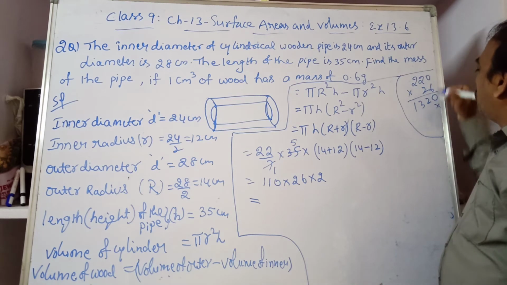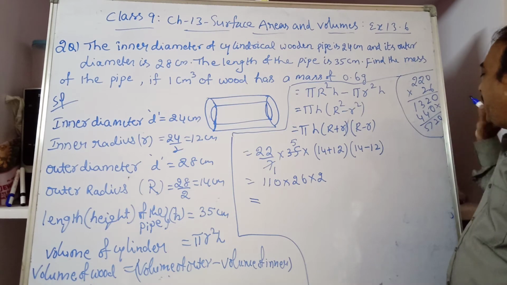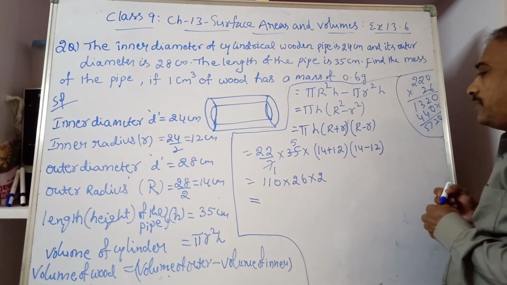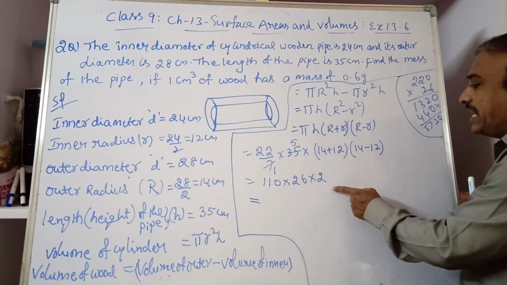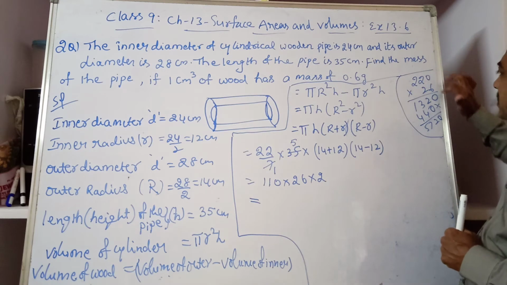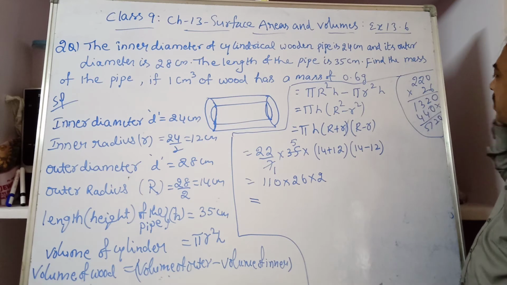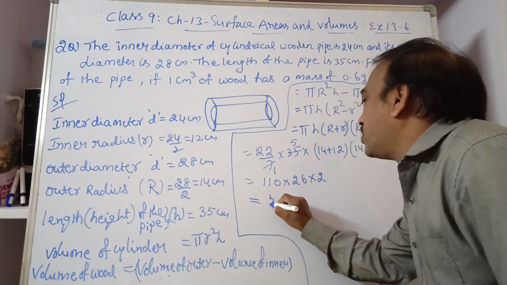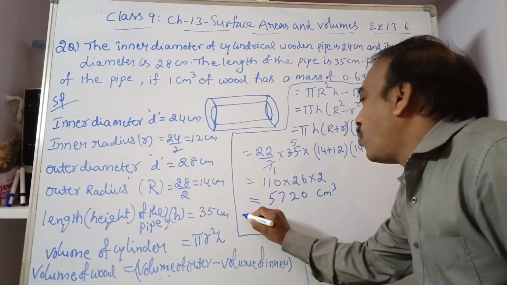Then with 2, 2 zeros are 0, 2 2s are 4, 2 2s are 4, so 4 plus 3 is 7, and 5 plus 1 gives 5720 centimeter cube. This is the volume of wood.